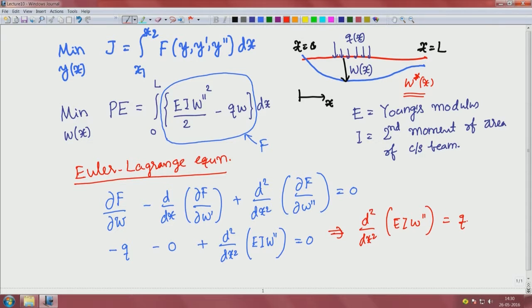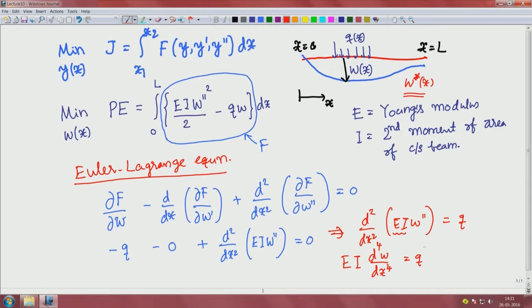Now, if you assume that E and I do not depend on x, that is, a constant cross section, then we get EI times the fourth derivative: w double prime is the second derivative, and then you have two more derivatives, so d to the 4 w by dx to the 4 equals q.